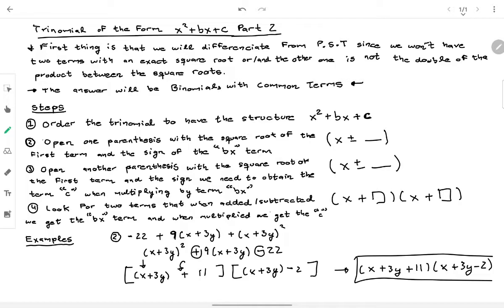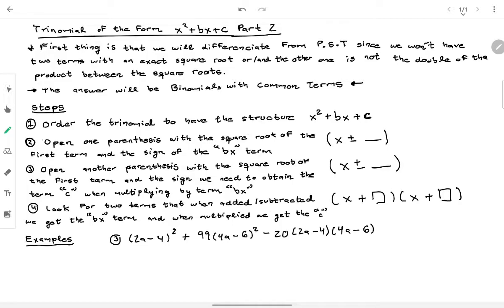So I will do one last example of this kind of exercise when we have two parentheses together. Let's check this exercise. We have something like this, but it's also a trinomial. So we need to order it to have the form x² + bx + c. This one cannot be the x squared because it has a 99. That's why the one I'm going to use as x squared is this one.